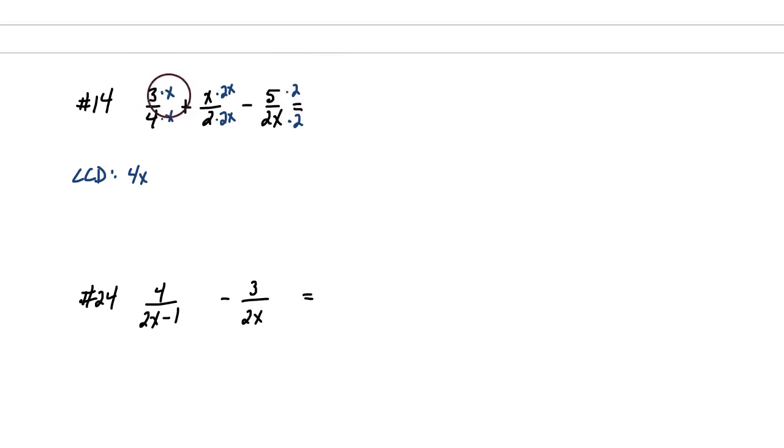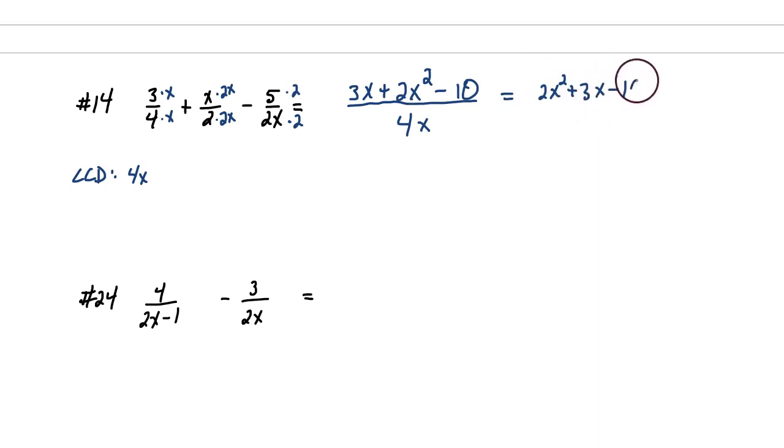So this makes 3x plus, this right here makes 2x squared minus, and this right here makes 10. And that's all over the common denominator of 4x. Let's rewrite this and put the top in the correct order. 2x squared plus 3x, then minus 10.